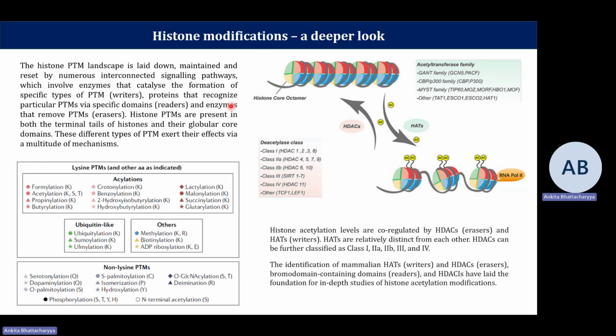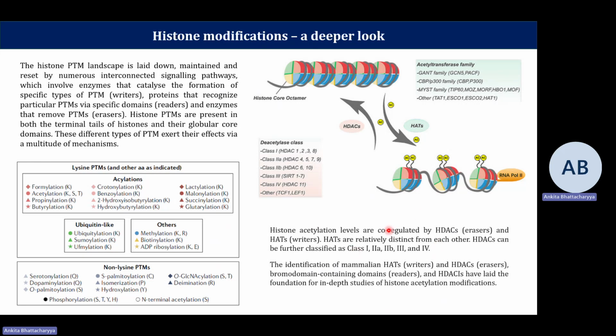Also, because the terminal tails are very long and protruding through the nucleosomal core, they are a lot more accessible to the epigenetic writers or modifiers, which are able to add the epigenetic mark or change. An inaccessible area is a lot more difficult to modify and is therefore not as susceptible as something present on the tail.